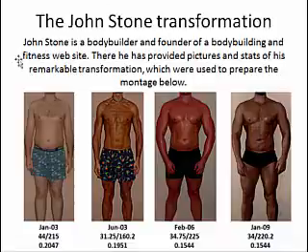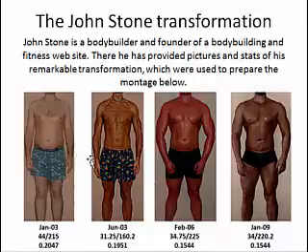So when we look at these photos, we see that at this point when he was obese, he had a waist of 44 inches and a weight of 215 pounds. I believe he is 5'10", 5'11". So that led to a waist to weight ratio of 0.2047.